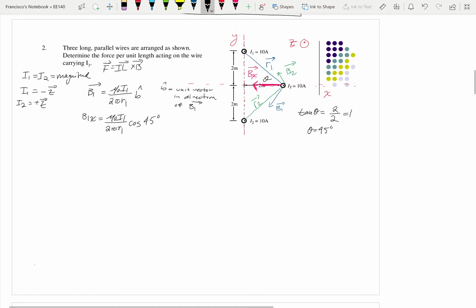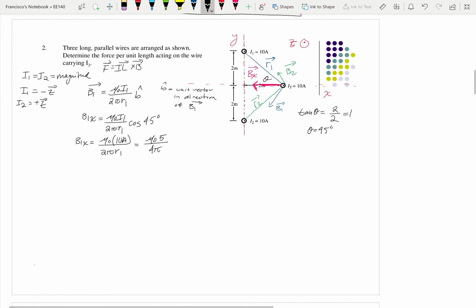For B1x, let's substitute that I1 in. I1 is 10 amperes over 2 pi R1. Therefore, B1x equals 2 mu naught times 5 over 4 pi.